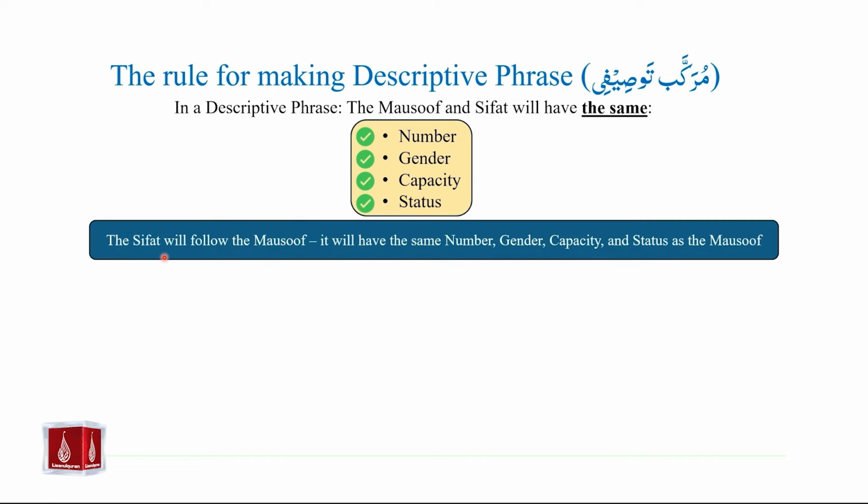The sifat will follow the Mosuf. So it will be the number, gender, capacity, and status of the Mosuf which will determine the number, gender, capacity, and status of the Sifat.